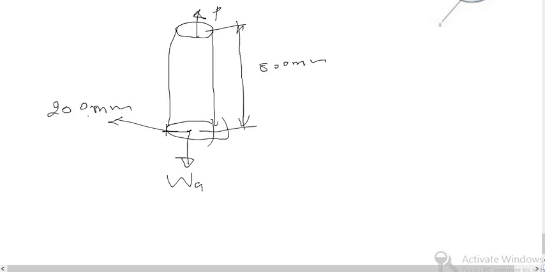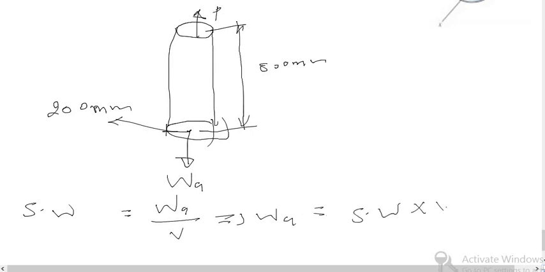Okay, so now let us get the weight from the specific weight. We know that specific weight is always equal to the weight of the material over the volume. This means that the weight of the material is equal to the specific weight times volume.